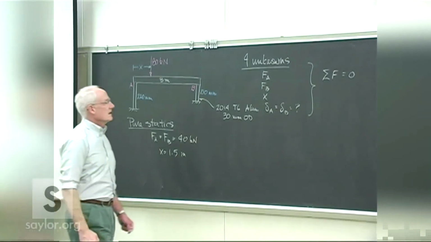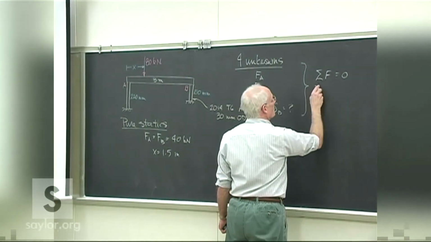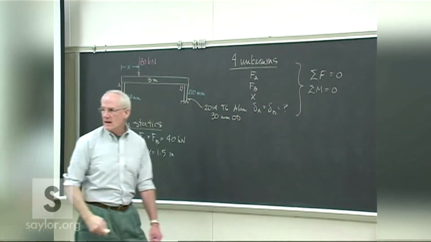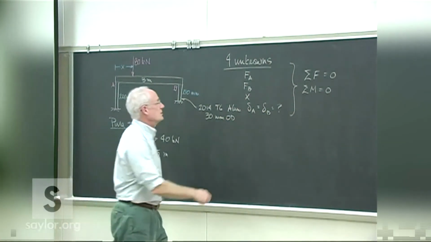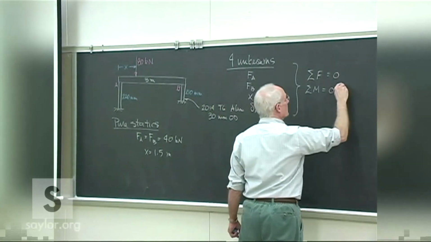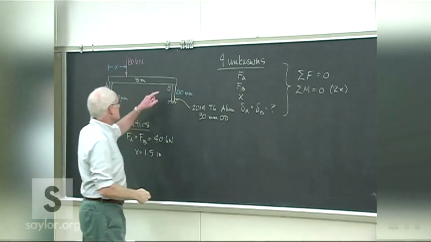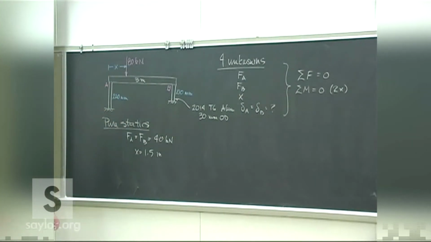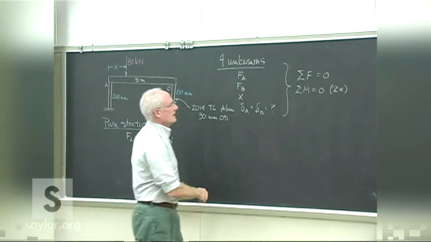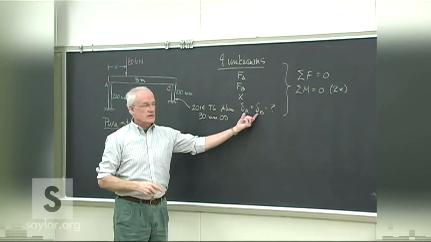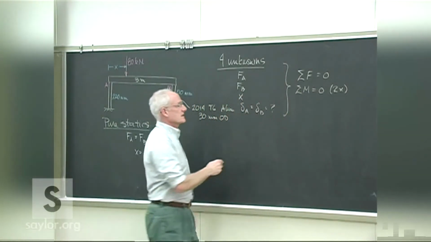The moments had also better sum to 0. In fact, you're going to have to do that 2 times. I'm not sure of any other way to do it, but do the sum of the moments about each end. So that's 3 equations. Then the 4th equation is actually this one here, where the deformations themselves are the same.